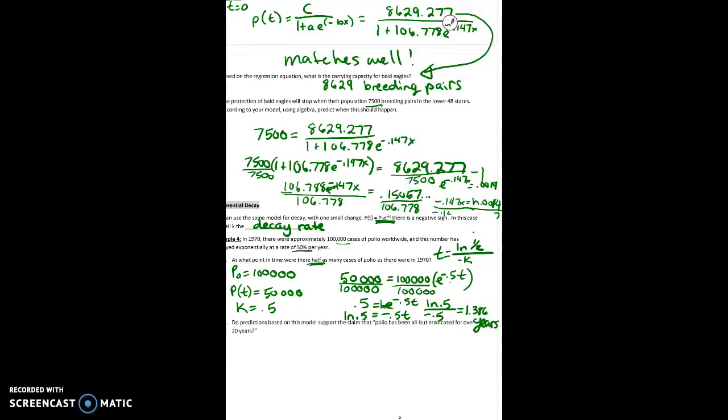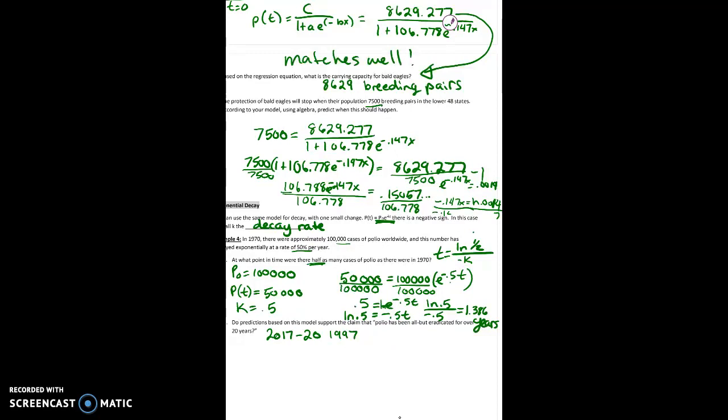So that's pretty good. It says, do predictions based on this model support the claim that polio has been eradicated for over 20 years? Over 20 years. Well, 20 years from 2017, minus 20, would be 1997.